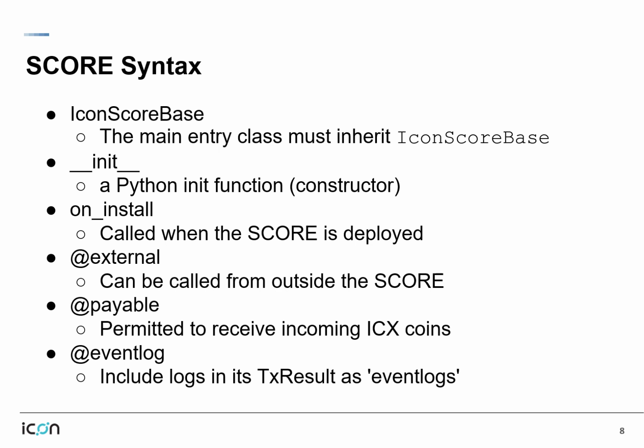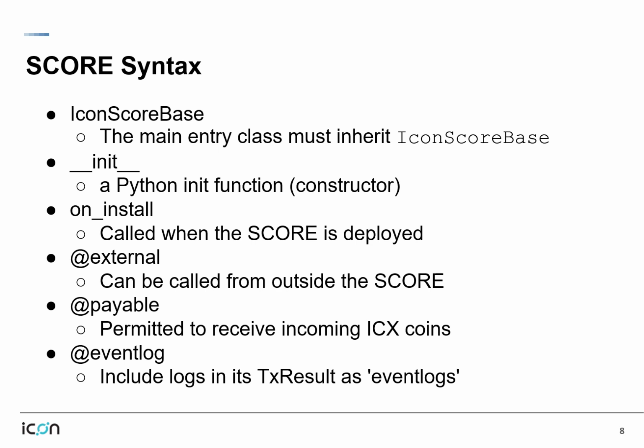These functions are registered on the exportable API list, and you can get this list by issuing the scoreapi command using Tbears. Functions with the payable decorator are permitted to receive incoming ICX coins. If ICX coins are passed to a non-payable function, that transaction will fail.